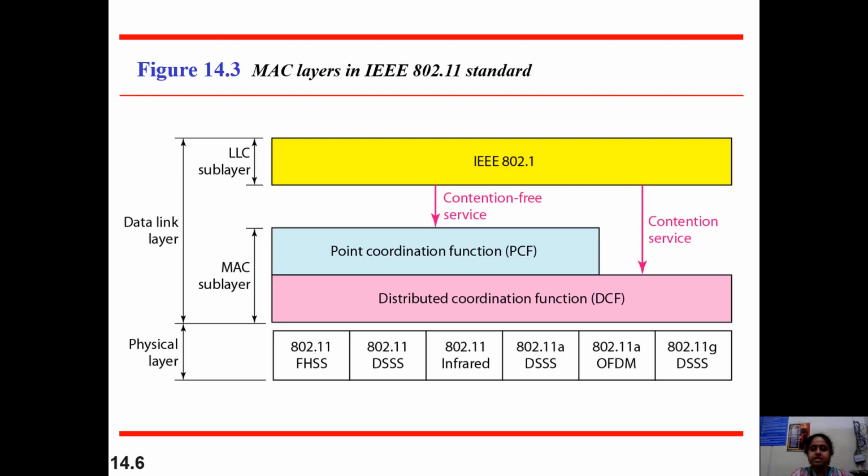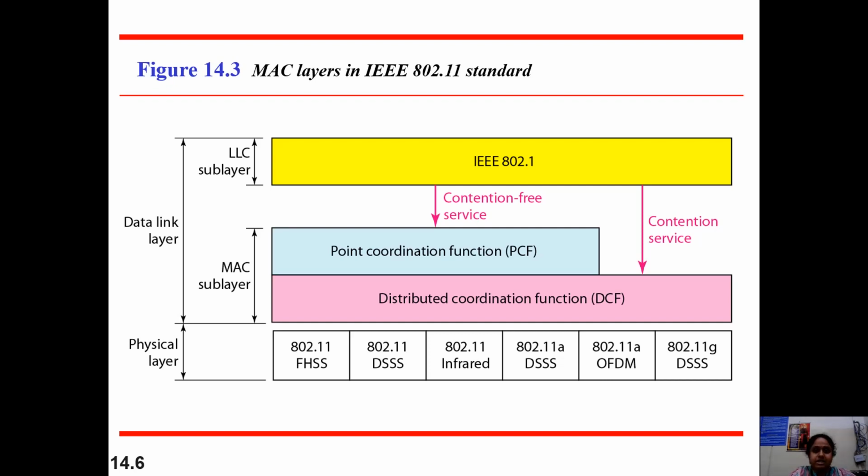Hello, let us continue our discussion on wireless LAN. In the last session, we have seen that access point uses point coordination function, which is a contention-free service, whereas stations use DCF, that is distributed coordination function, and it is a contention service.